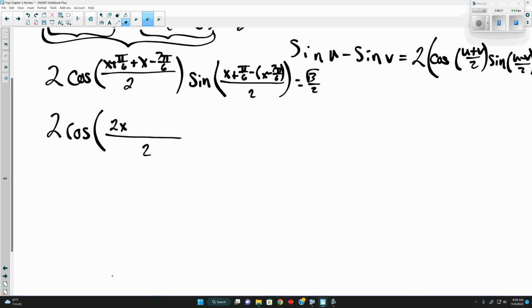In our case, it's just going to be minus pi. Has that really helped us at all? I feel like that just made it more complicated. Do y'all agree with that?